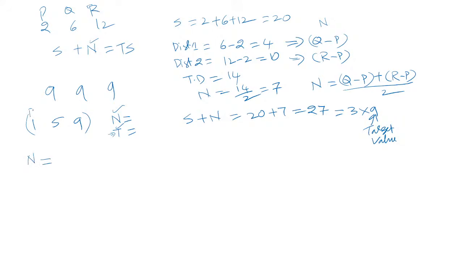If these are p, q, r values, then what is the formula for the number of operations? It is (q minus p plus r minus p) divided by 2, where the sum is the total distance. Why 2? Because in one operation you are reducing the distance or gap by 2.